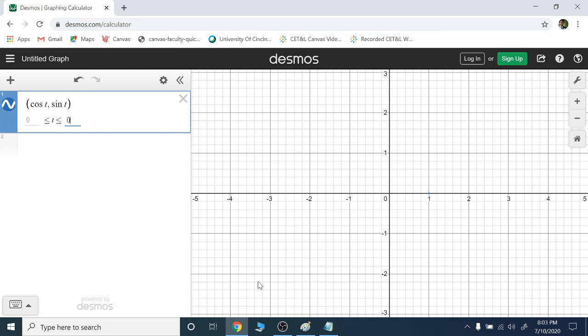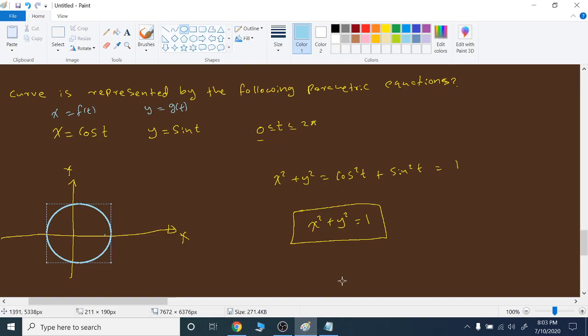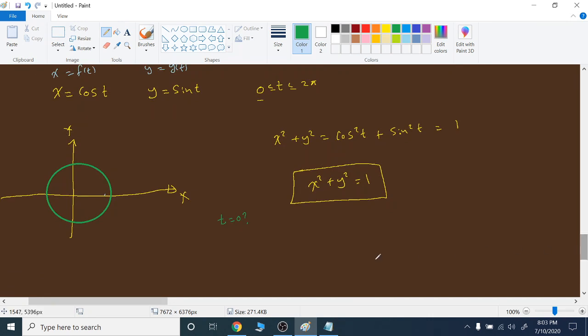But let's say we start from 0 and end at 0. That means we consider just one single point. In other words, what are the values of x and y when t is equal to 0? Then x will be equal to cos 0, which is 1, and y will be equal to sin 0, and that is equal to 0, right?